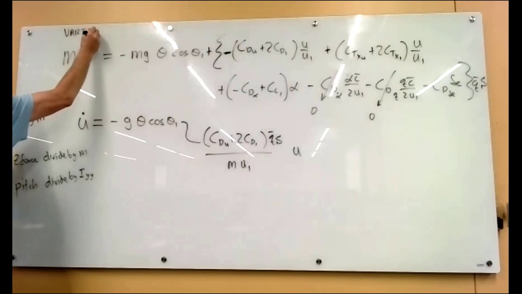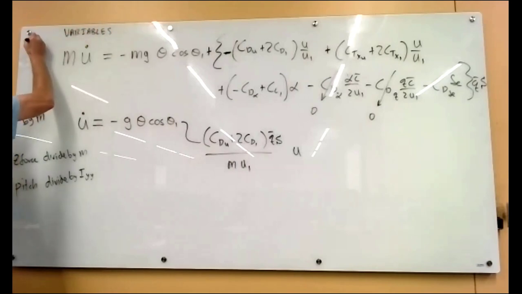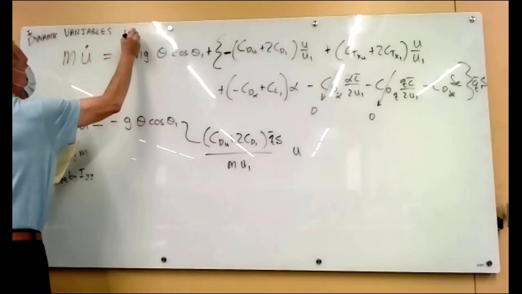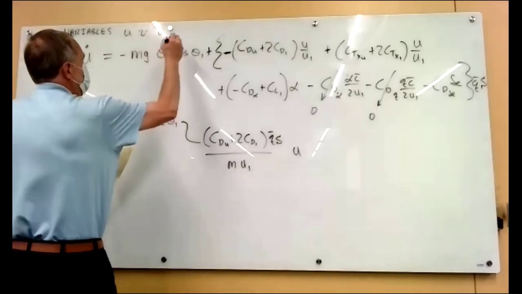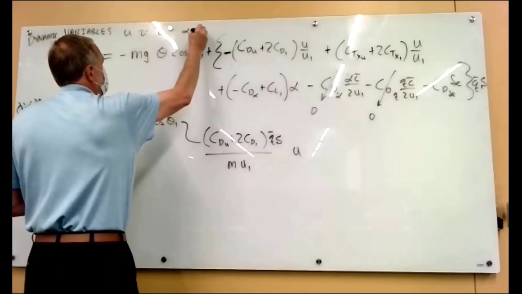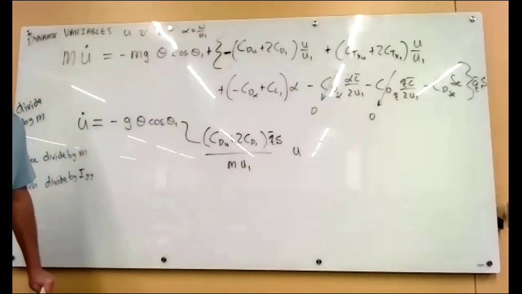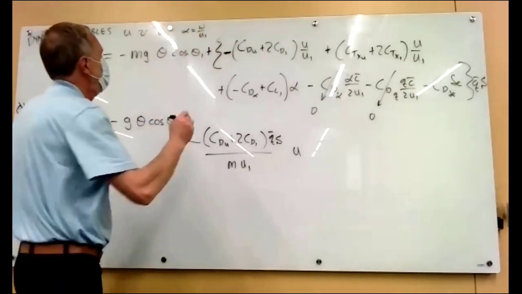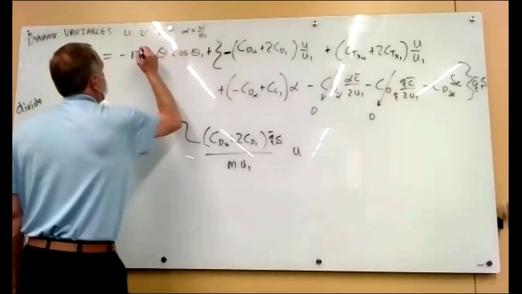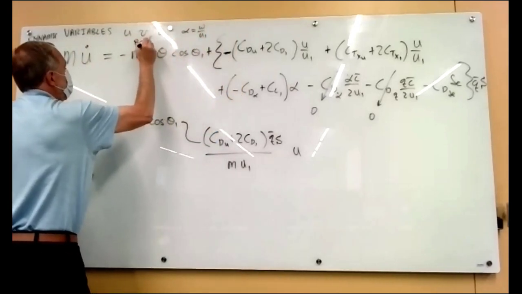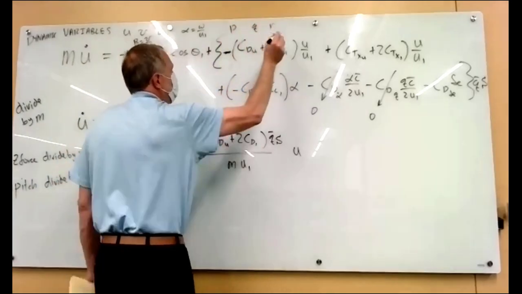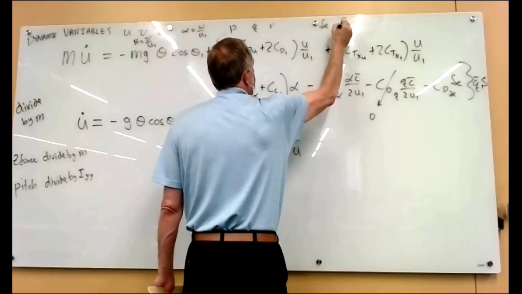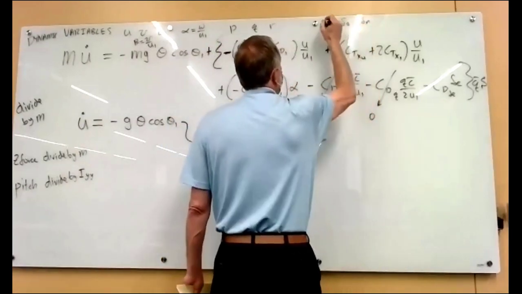So the dynamic variables are u, v, and w. And we know that alpha is equal to w over u1, so that's where alpha shows up. And beta is v over u1. And then we got p, q, and r, and delta E, delta A, and delta R, but these are the inputs.